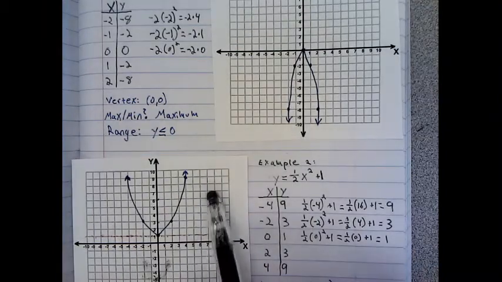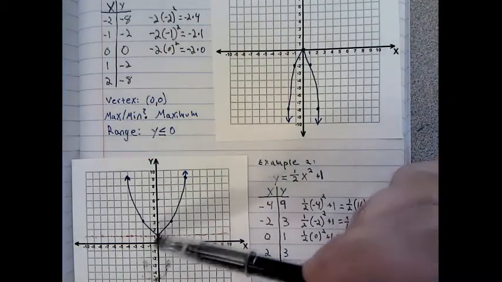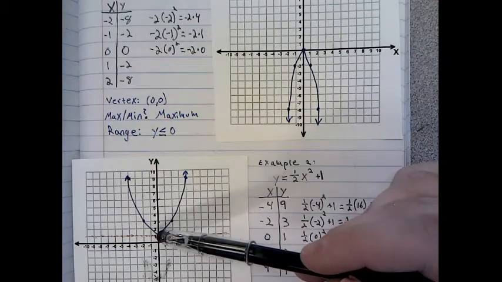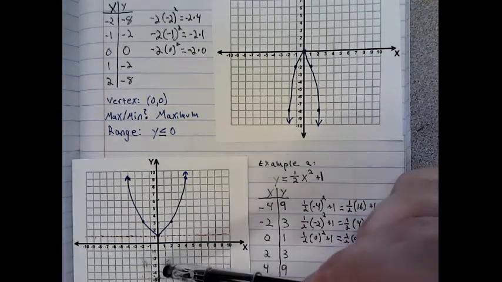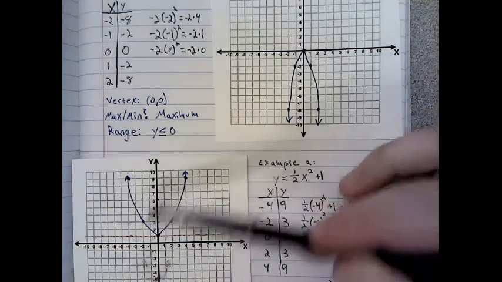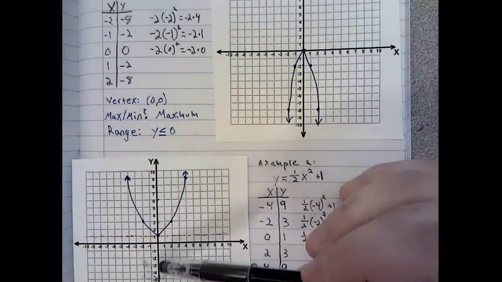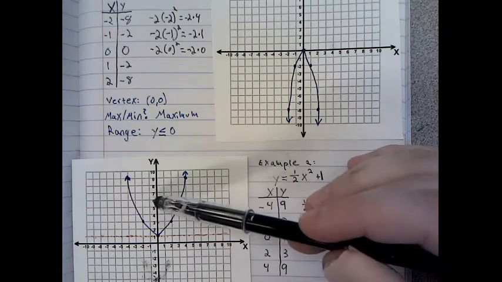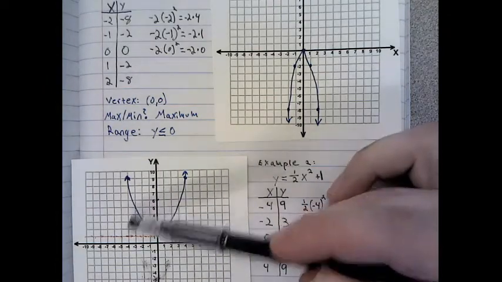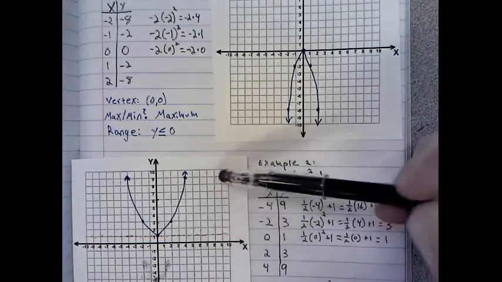And the plus 1 makes it start at 1. If it was -5, it would start at -5. So in all these instances, we've been working just on this y-axis. We haven't shifted it over here, or down here, or up here.